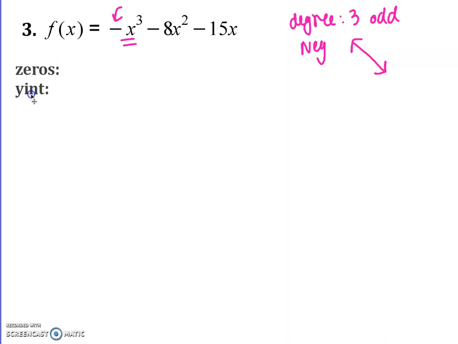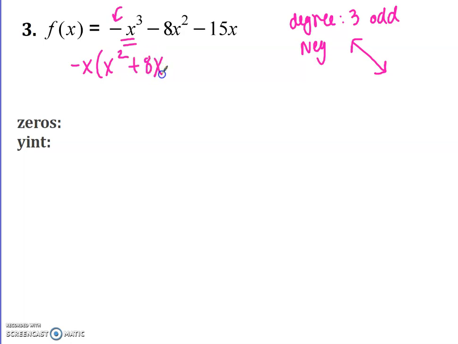But now it's going to be harder for me to find my zeros because now I need to factor it. Okay? So I'm taking out a negative x because I want to factor with a positive x squared out in front. So I take out a negative x in front of everything. Again, I should have 3 zeros, right? My highest degree is 3, so I've got x squared plus 8x plus 15. So I have a negative out there.